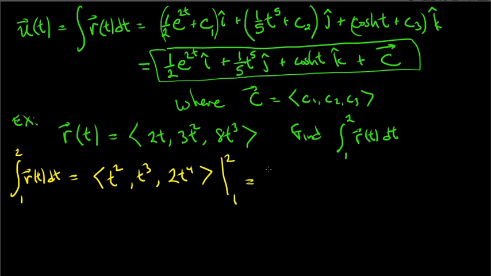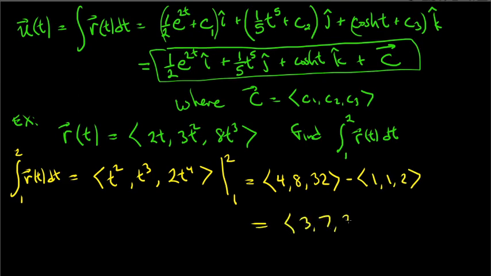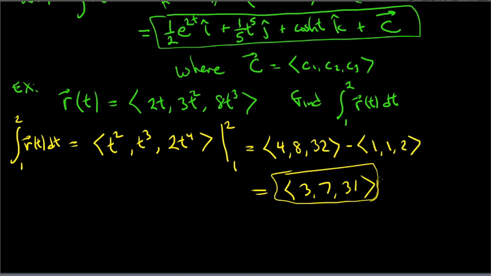So when you plug in 2, you get 4, 8, and 32. When you plug in 1, you get 1, 1, and 2. So when you subtract, you get 3, 7, 31. So it is a vector, but it's a constant vector. It doesn't depend on t, of course. And there's no c here. It's a definite integral. But whether you write it this way or this way is completely up to you.